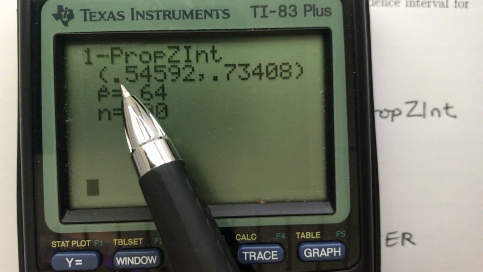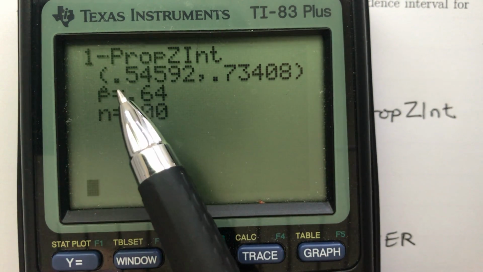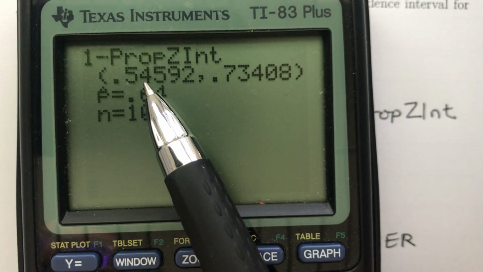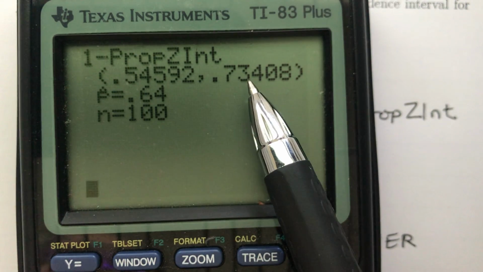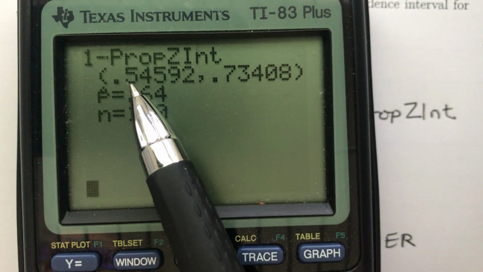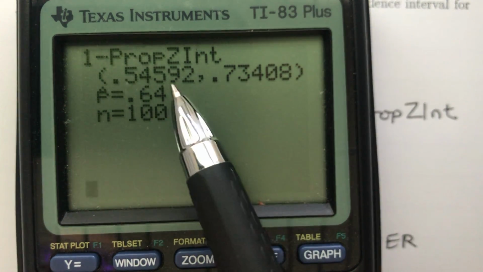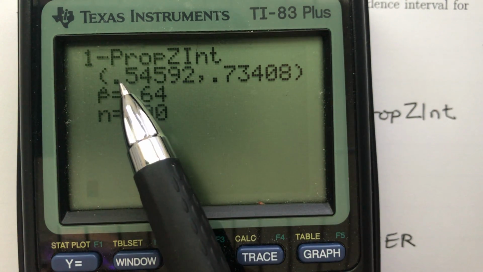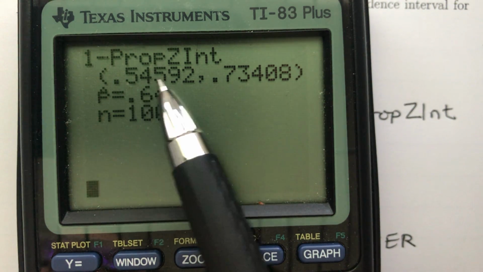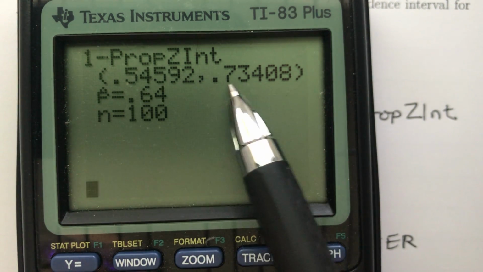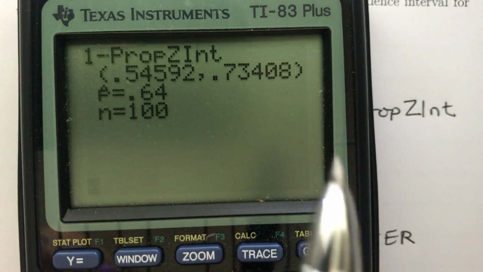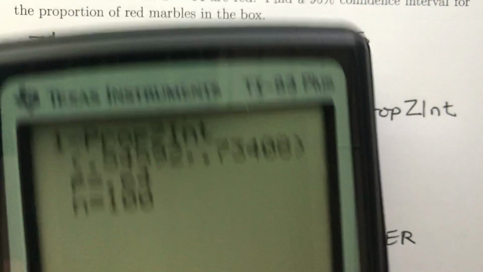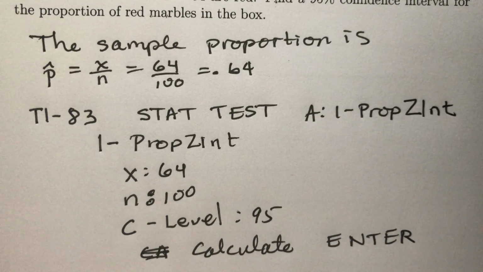What this is, is interval notation. Interval notation gives two numbers. The number on the left is always less than the number on the right, and they have parentheses. This is an interval on the number line, where the left endpoint is 0.545, etc., and the right endpoint is 0.73408. And then it gives you the proportion, which we already found, and n, the number of marbles in our sample.